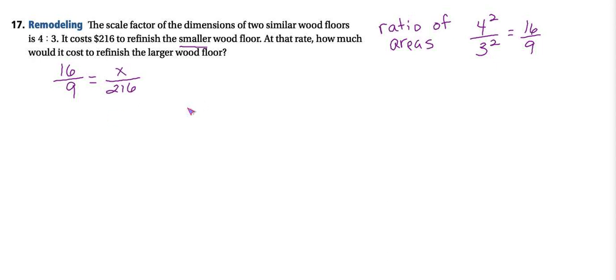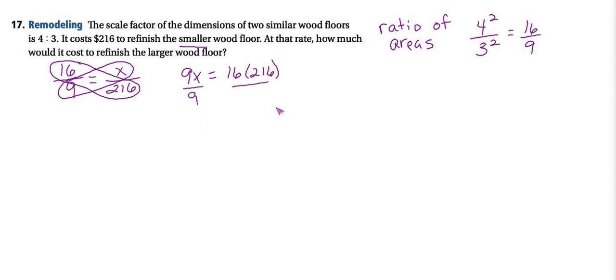So what do we do to solve this? We cross multiply. 9 times x is 9x, and then 16 times 216. And then we're going to divide both sides by 9.